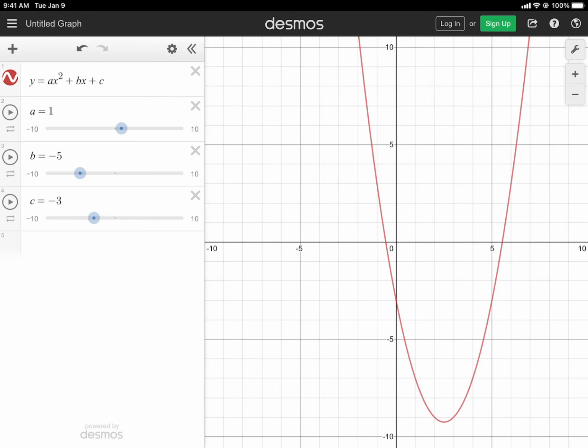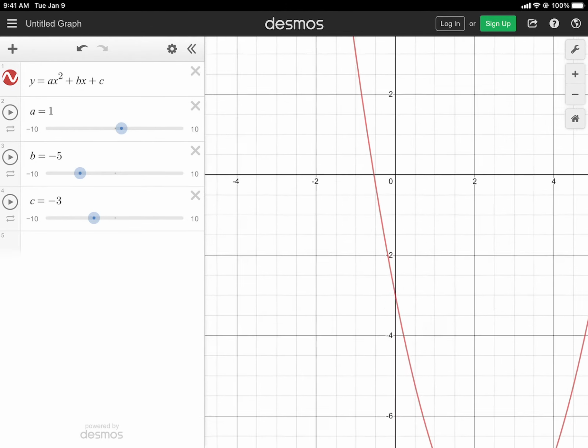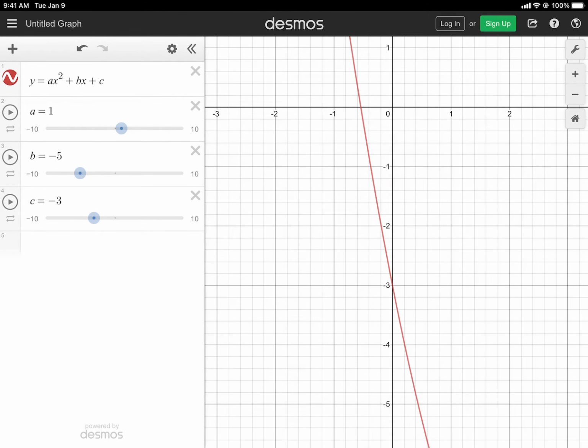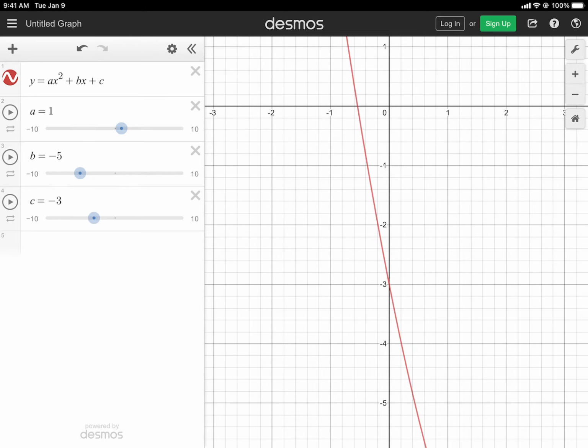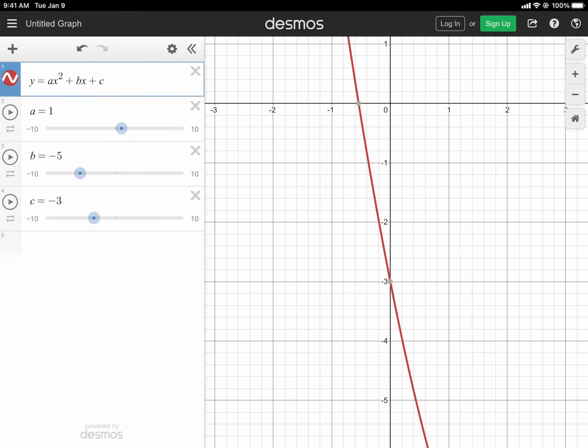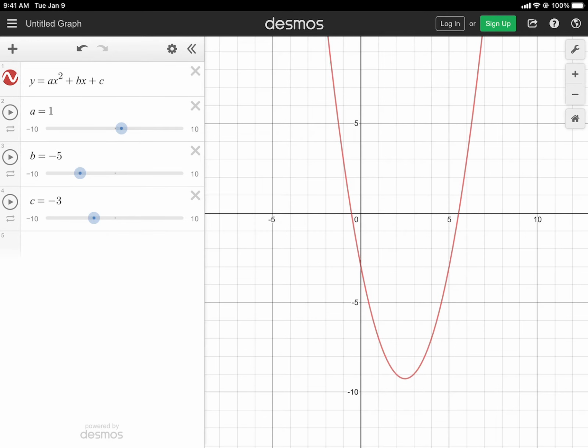Why does -3 matter? Well, if we look at -3 for x, that doesn't seem to make any difference. There's not even anything there. But if we look at -3 for y, and we zoom in a bit here, you'll notice that the graph actually has a y-intercept there. So zoom that back out. You can see our y-intercept is -3.